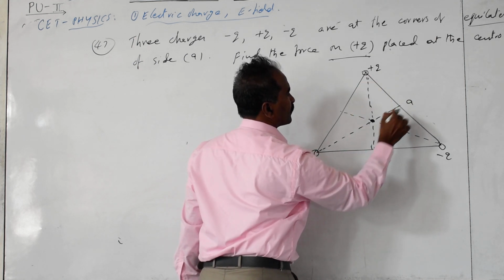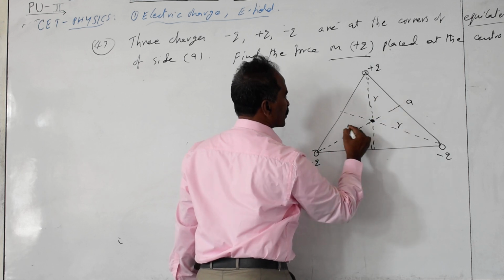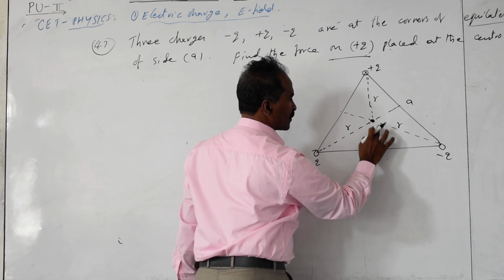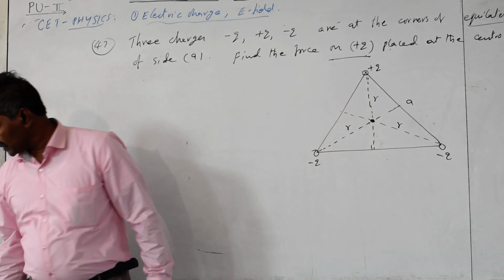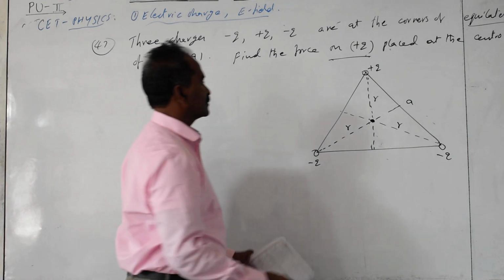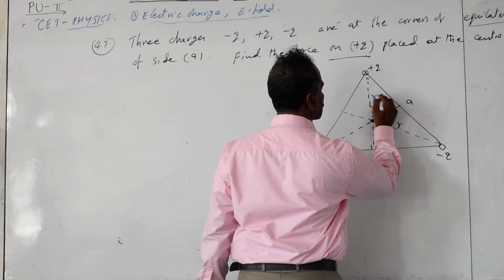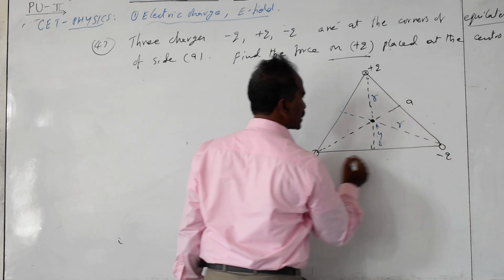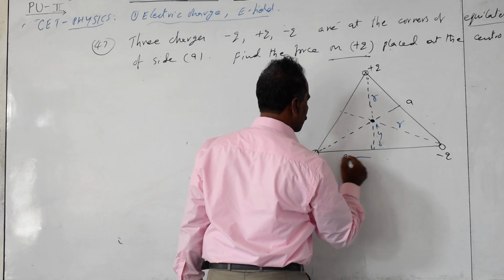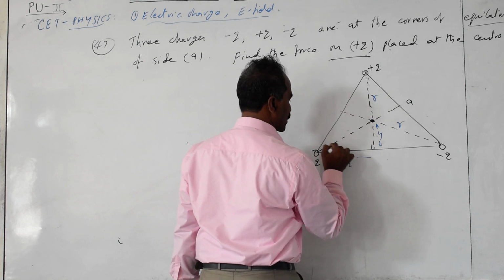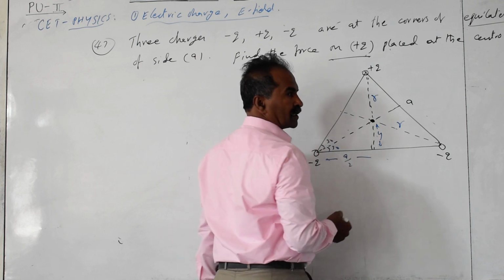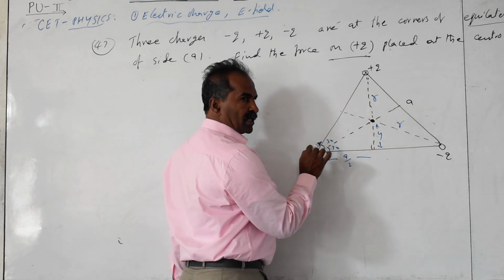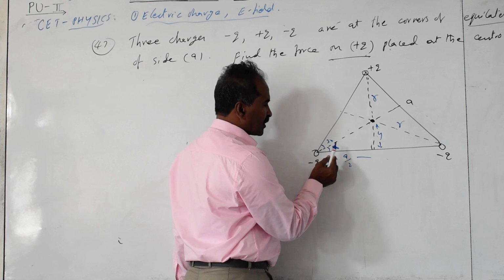Each side length is A. This distance I take as R, and this distance as y. This half side is A by 2. This will be 60 and this one is 30. I will give you a direct relation for y and R in terms of A, but if you forget that, you have to use sin theta and cos theta.